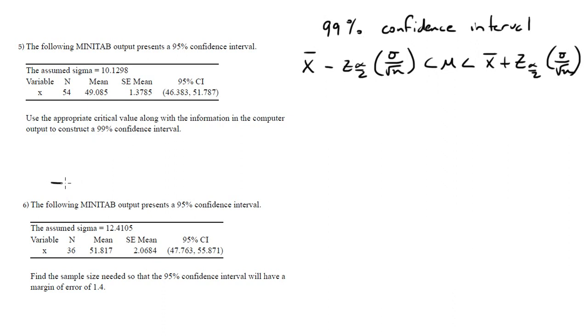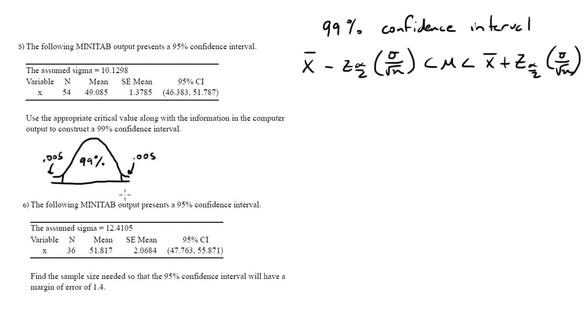Now, if you remember confidence intervals, that's two-tailed. That's two tails, right? So 99% confident. We want to be 99% confident that the population mean is in here. So each of these tails adds up to 0.01. So we've got 0.005 in each of these tails.